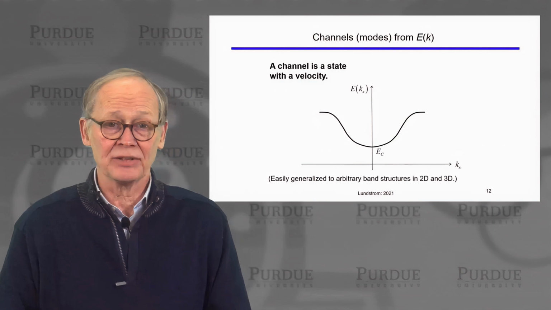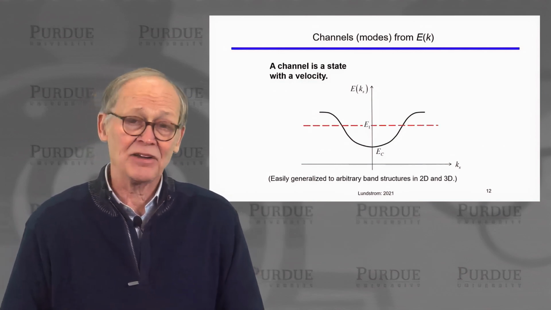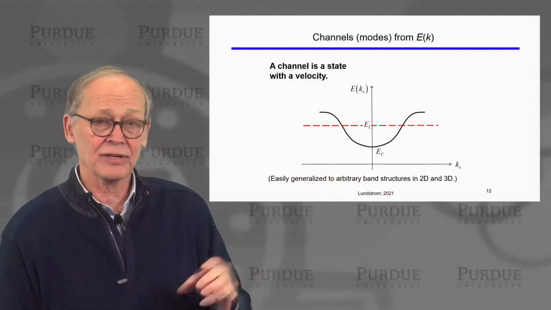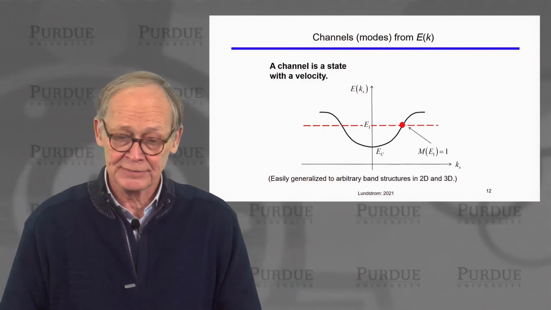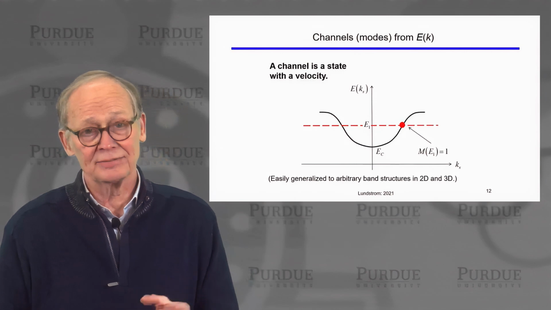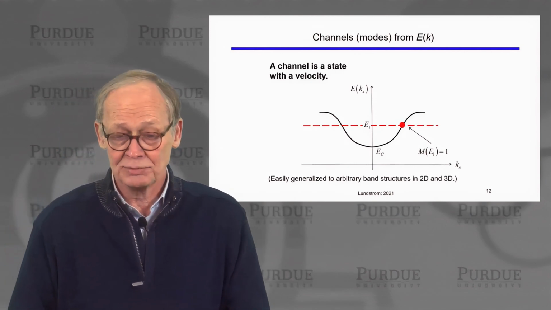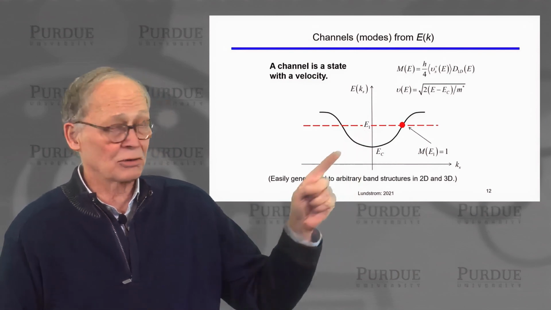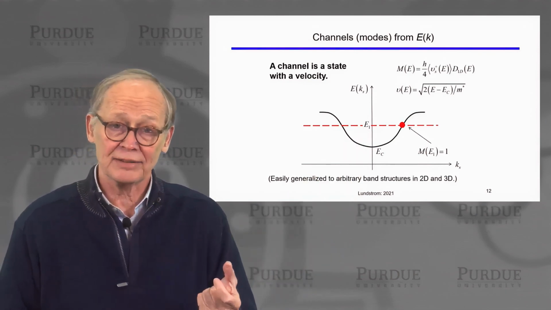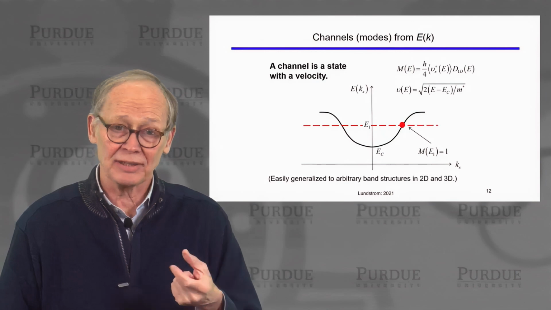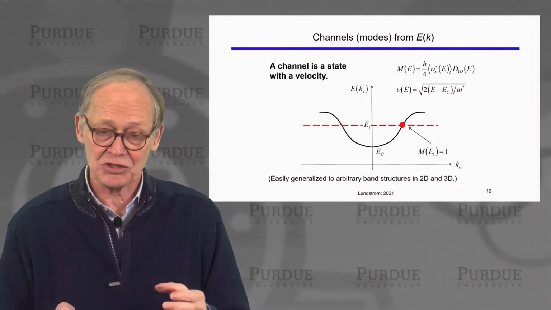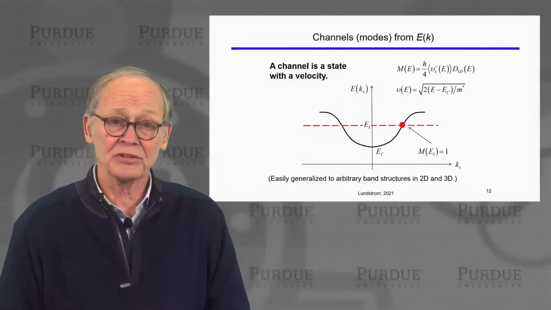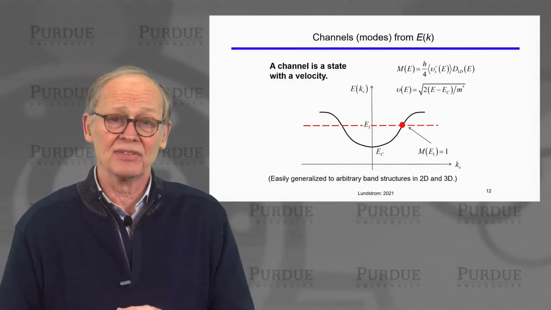It's related to the density of states because there has to be a state to hold the electron. So if I ask how many channels there are at energy E sub 1, I can see that there's a state at that energy, and that state has a velocity because the velocity is the slope of E of k. So I have a state with a velocity, so the electrons can move in that state. That's a channel. In one dimension, we know what the density of states is and we know what the velocity is.